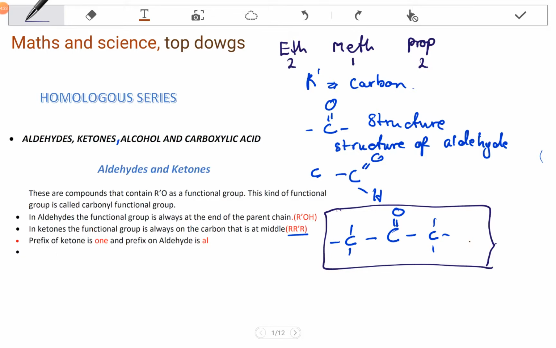So the suffix of a ketone is -one, and the suffix of an aldehyde is -al. That means anything that belongs to a ketone is going to end with -one, and anything that belongs to an aldehyde is going to end with -al. Let's take a look at these two things.